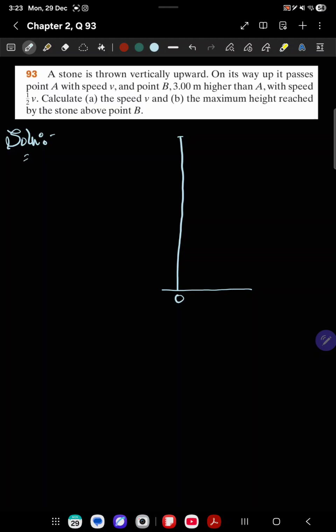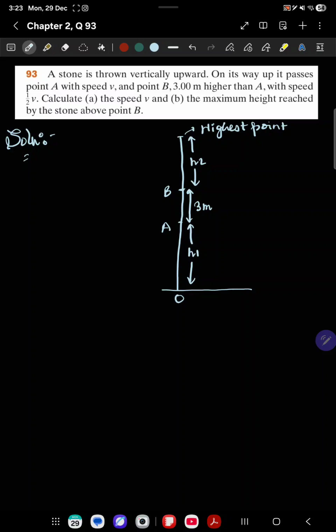And the point A, assume this is point A, this is point B, and this is the highest point that the stone will reach. Now this length is given as 3 meter, and I'm considering this length as h1 and this length as h2.